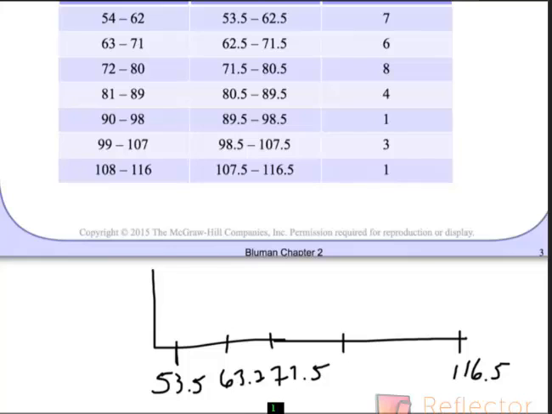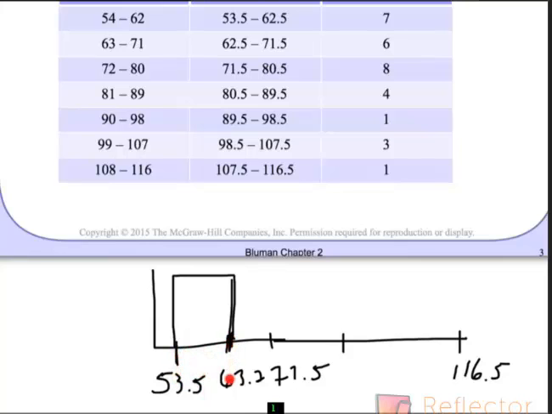And I will draw my bars here at my hash marks so that I don't have anything really labeling the bar itself.